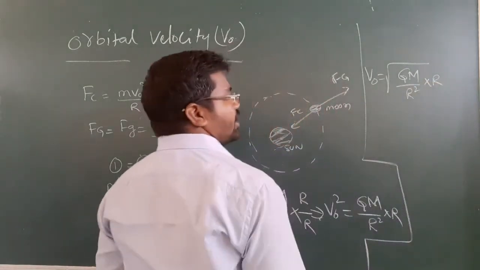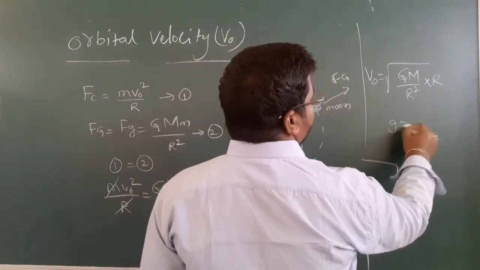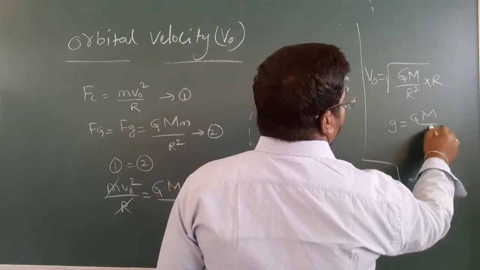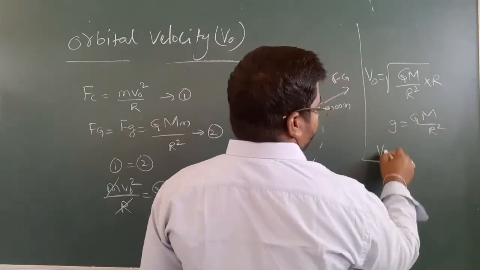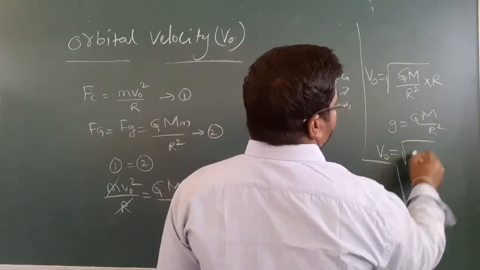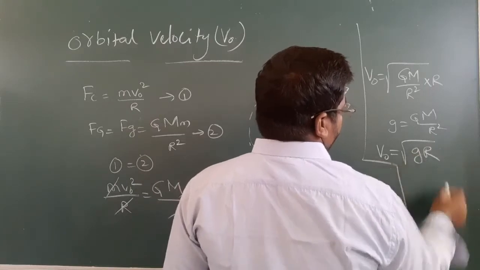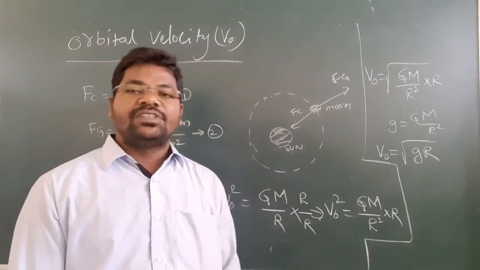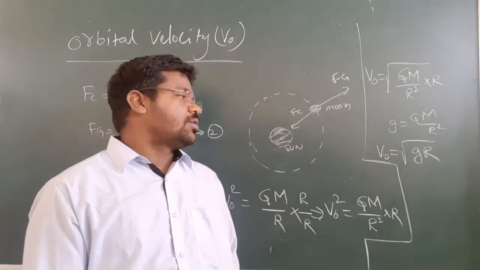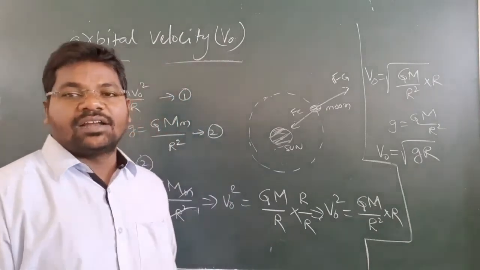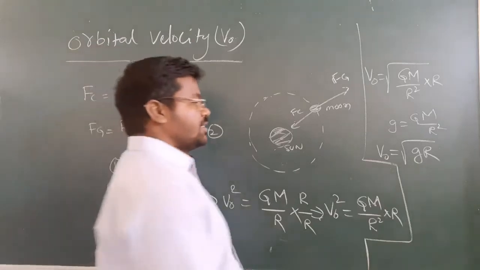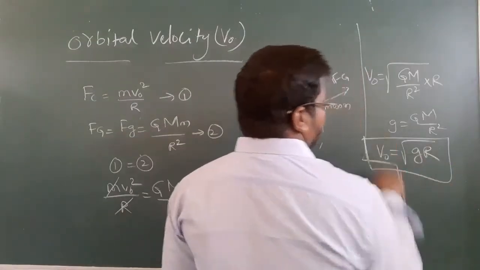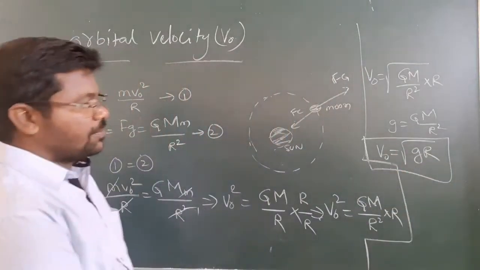We know that g is equal to G M by r square, so we can substitute g. So orbital velocity or orbital speed v0 is equal to root of g r.